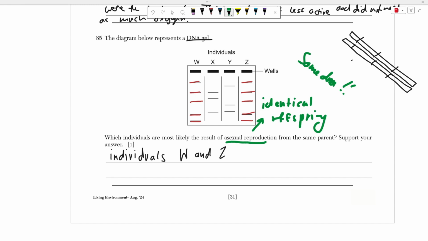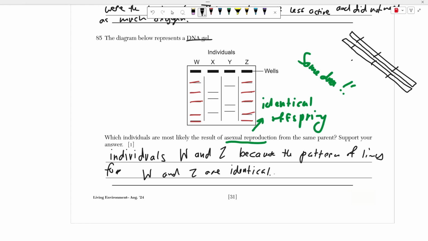So individuals W and Z are the result of asexual reproduction because the pattern of lines for W and Z are identical.